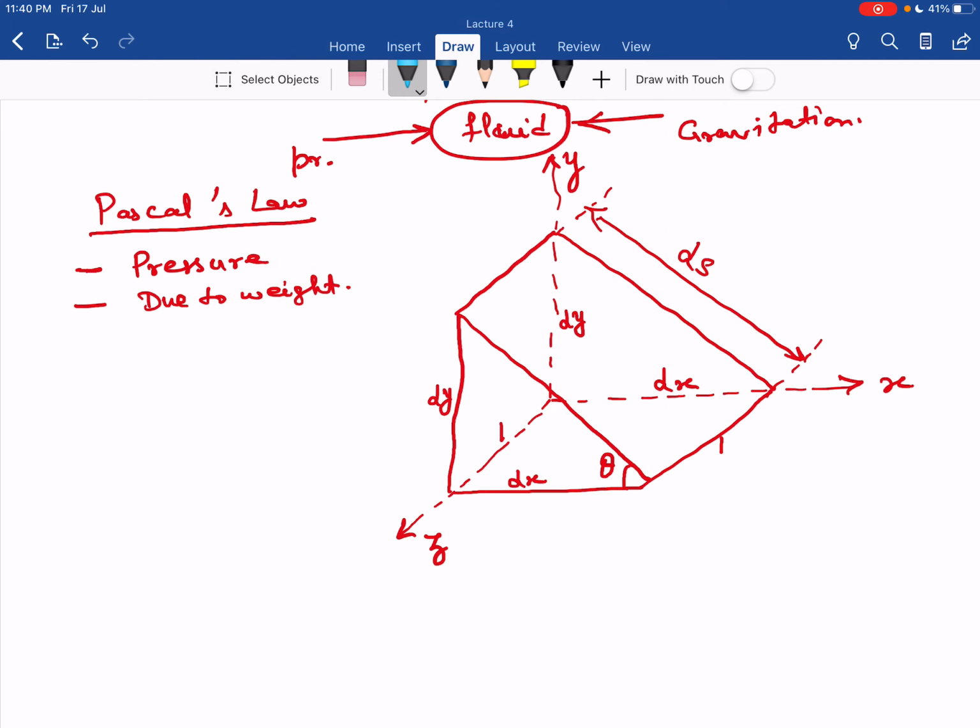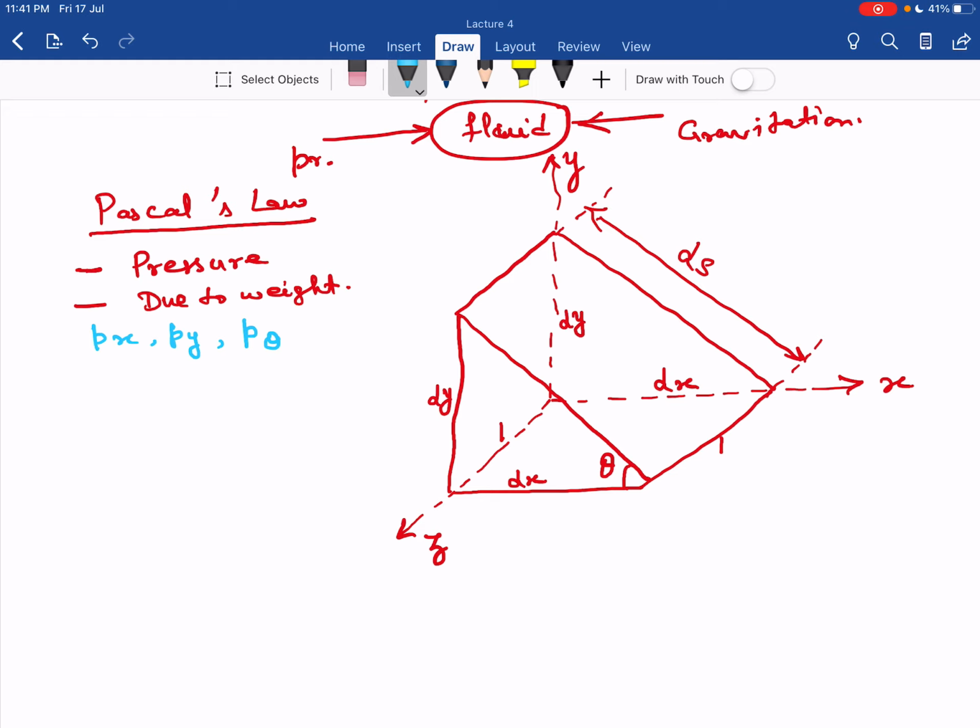Now say this wedge-shaped element experiences the pressure intensity Px along the x-axis, Py along the y-axis, and P theta along the third direction, that is along the normal to the wedge. Now these pressures are acting along the normal directions.